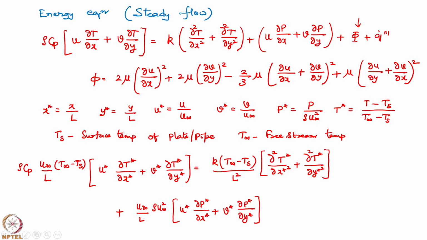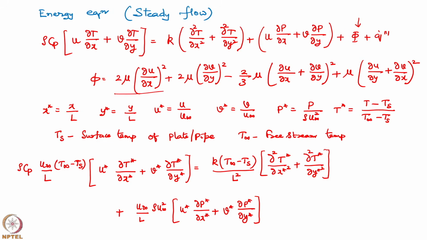Now, for the viscous dissipation term, so let us take up the viscous dissipation term. The first term, let us say, I think I will write directly, you can see that this is the viscous dissipation term. So, you have plus mu, which is common everywhere.